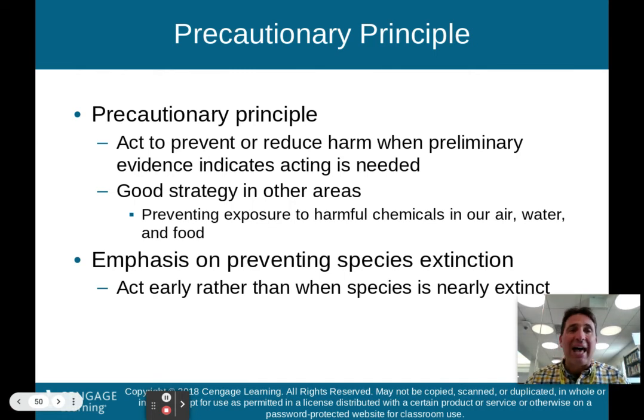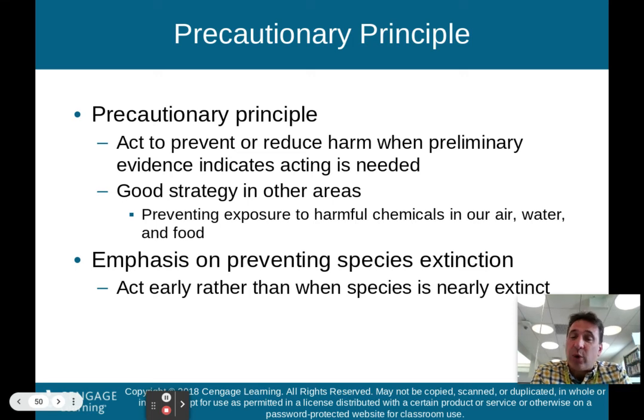So what it's saying is that precautionary action prevents or reduces harm when only preliminary evidence indicates acting is needed. Usually, unfortunately, as human beings, we wait until there is a fire and then we put the fire out, right? Well, the precautionary principle says, don't wait until there's a fire. If you think a fire might happen, put it out initially.